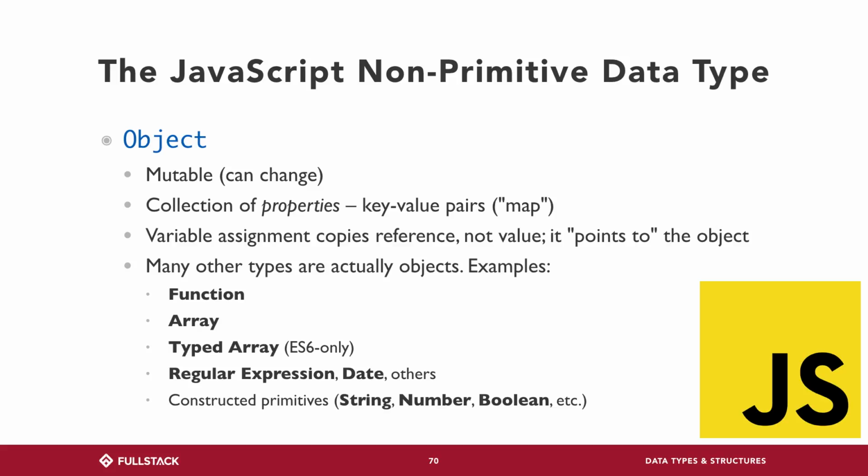So if this is my object, and I want to get what's at that key, I say object.key or object[key]. And it could actually be anything. It could be a number. And that's actually how arrays are done in JavaScript.